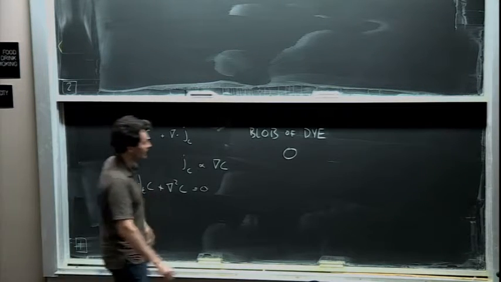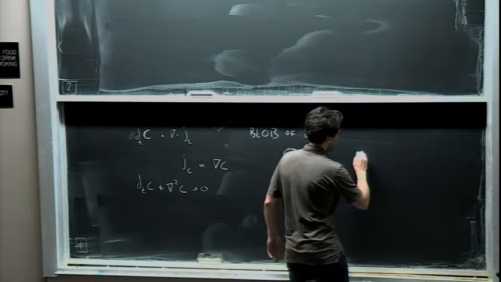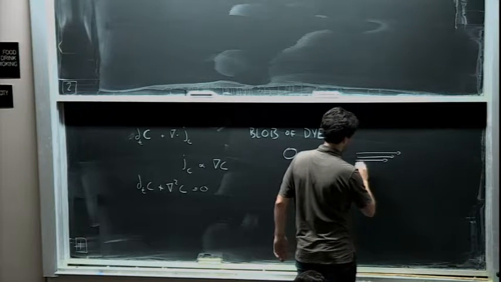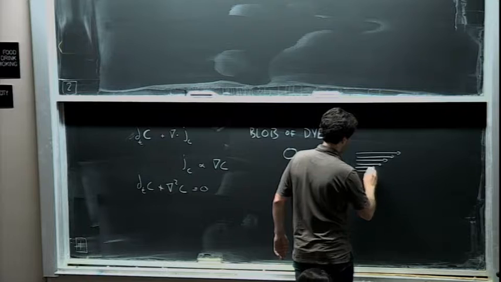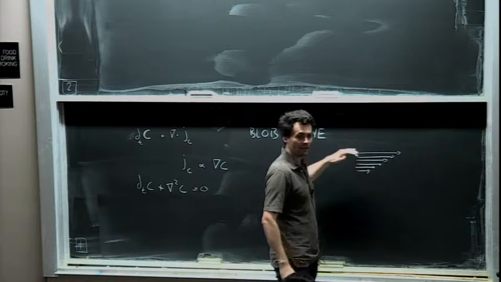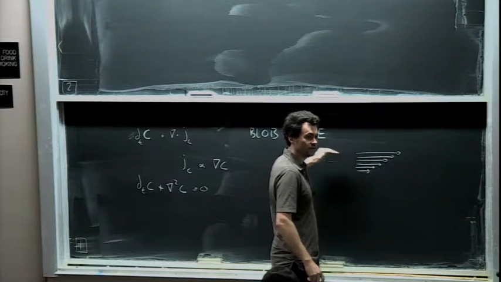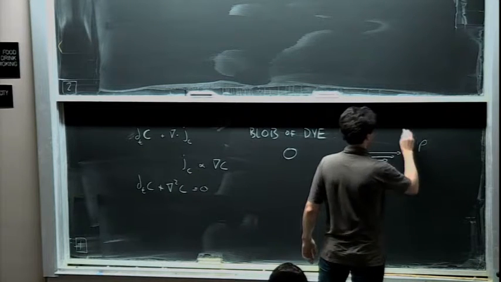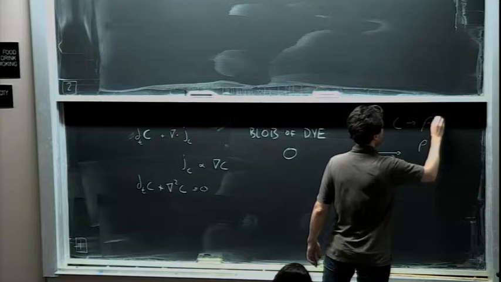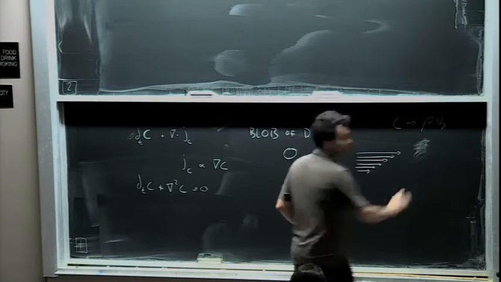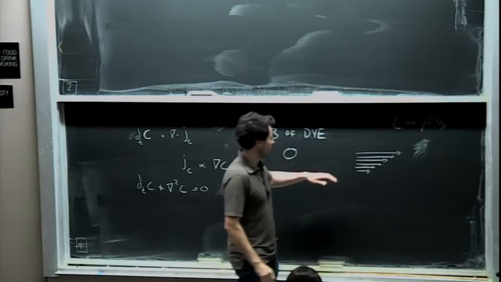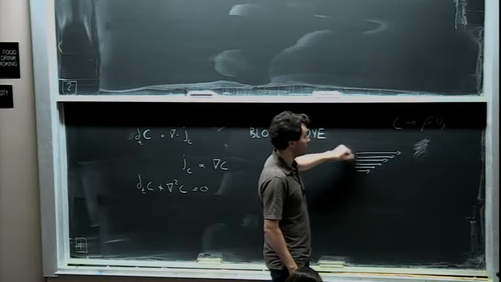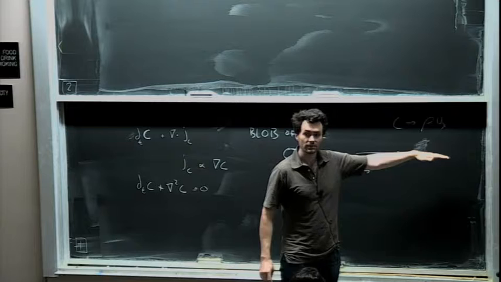Now, in a similar way, if I have some parallel flow like this, the quantity which is going to be transported is the momentum in the x direction, rho ux. So C goes to rho ux. I can have a gradient in the y direction of the x momentum.